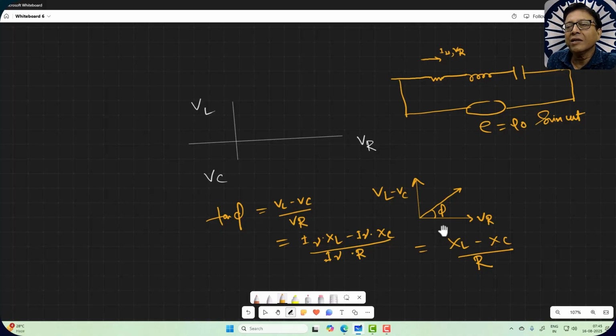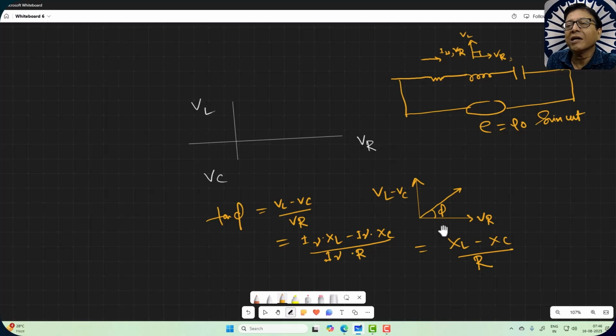For the inductor, the phase of VL and the current will differ by pi by 2. I mean, voltage leads current.